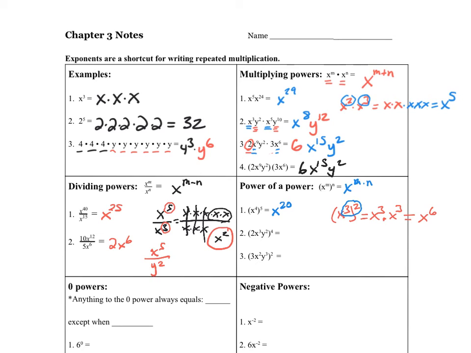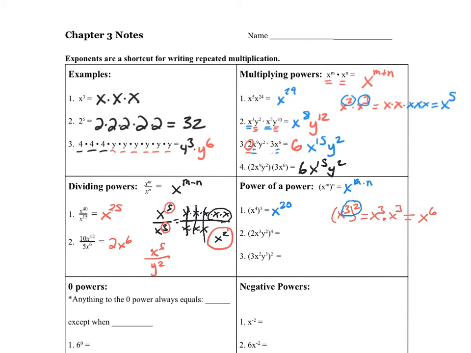Now, example 2, I have 2x to the 3rd, y to the 2nd, and all of that in parentheses to the 4th power. So I'm going to multiply every exponent in this expression by 4.